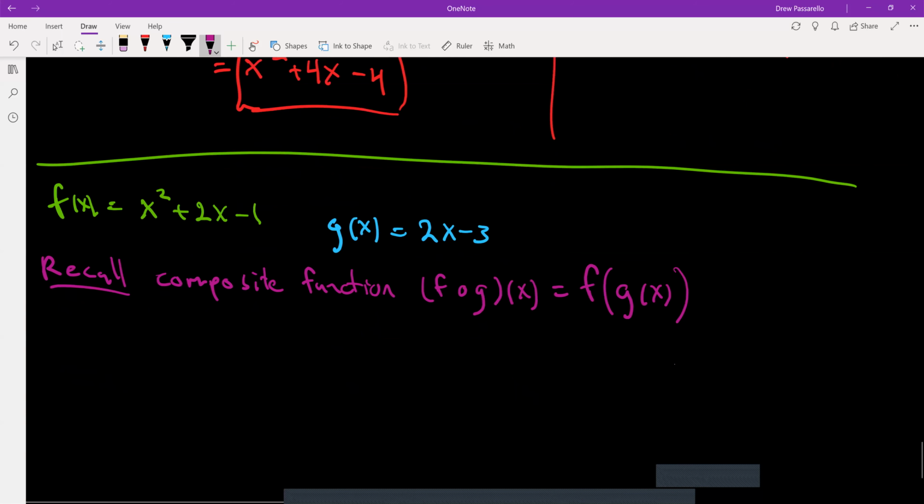And you go right to left. You apply g first, and then apply f to this.